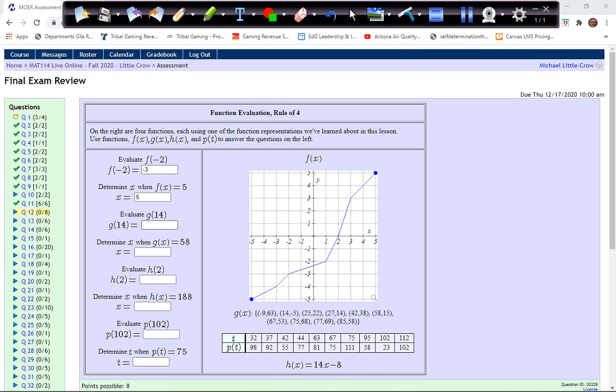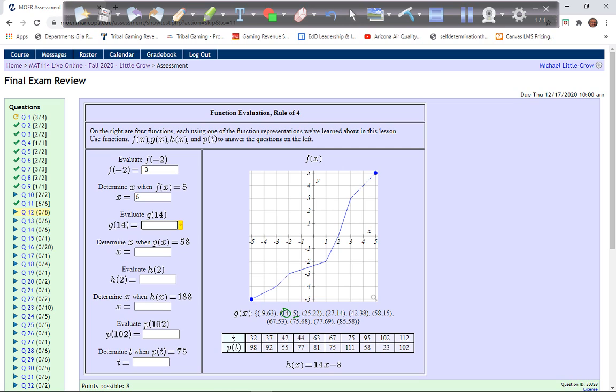There we go. And now we're going to look at our g function, g of 14. Now g is, we've got inputs and outputs. So we come in, 14 is an input. We now need to know what is the output that goes with it. It's negative 5. Okay, so that's what goes in there. 14 is the input, negative 5 is the output.